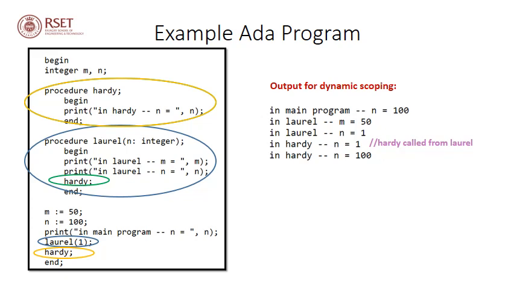If it is not, it will check for the most recent binding, and remember that Laurel's activation record has already been popped out of the stack. So the most active binding for n now is the binding of the global variable n, which is 100. So if you call Hardy directly from main, then the value of n will be printed as 100. So hope you have understood the output of the program using dynamic scoping.